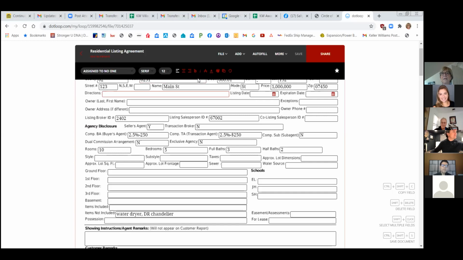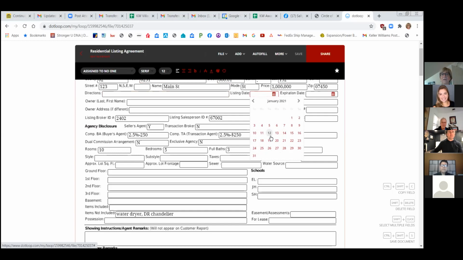And then the next field is the listing date, which you can get just by clicking on the calendar. It'll always default to the actual date that it is that day, but you can choose, let's say you're doing it today, but you're really not going to put it into the MLS until tomorrow. You can click that.